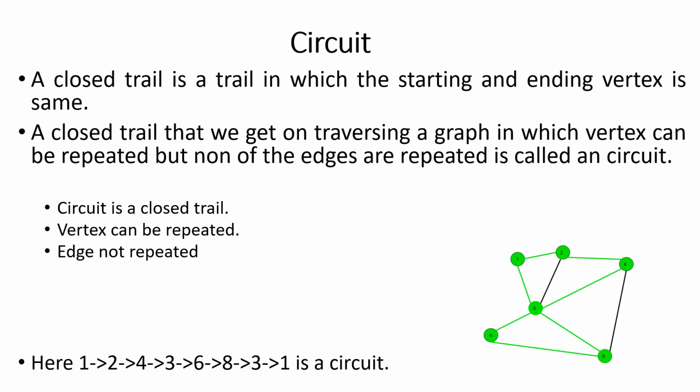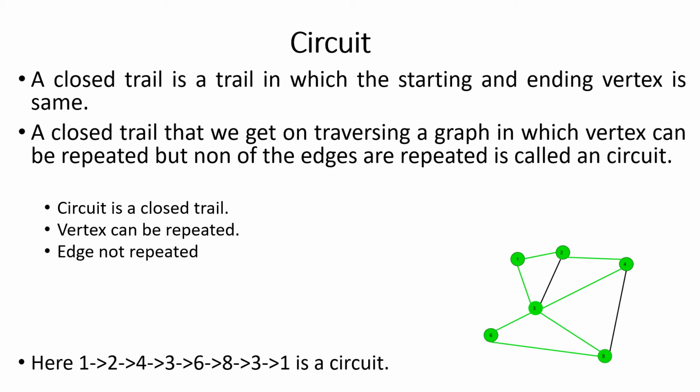Consider the example graph, which is an undirected graph in which on traversing the graph starting from the vertex 1 to vertex 2, then from 2 to 4, then from 4 to 3, 3 to 6, 6 to 8, 8 to 3, 3 to 1 forms a circuit.